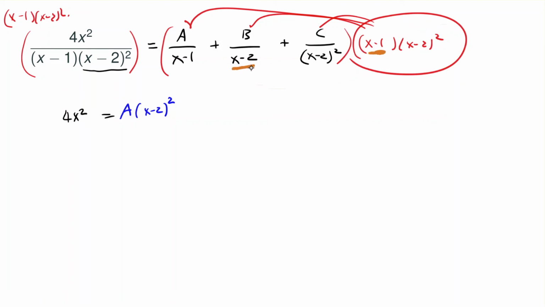And x minus 2, we only have one of them, so only one of them cancels out. So I have b times x minus 1 times x minus 2. And for the last one, x minus 2 cancels with x minus 2. So I only have c times x minus 1.